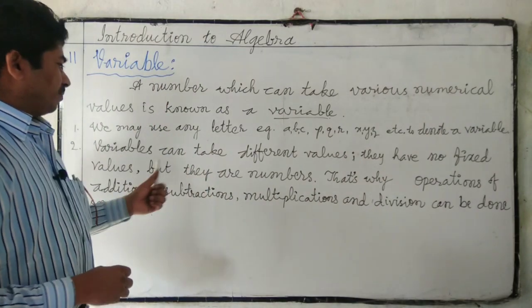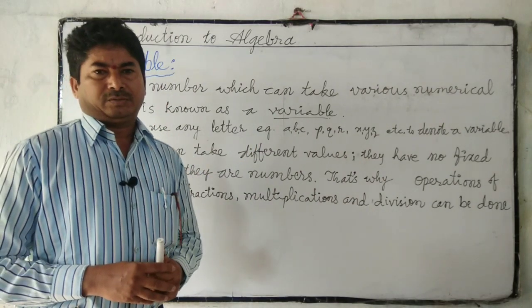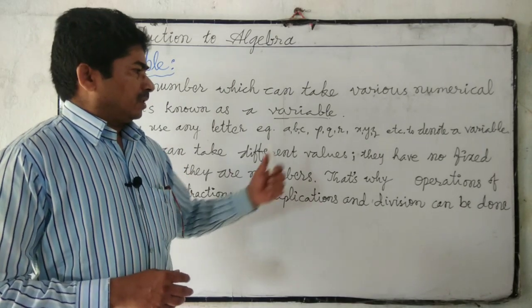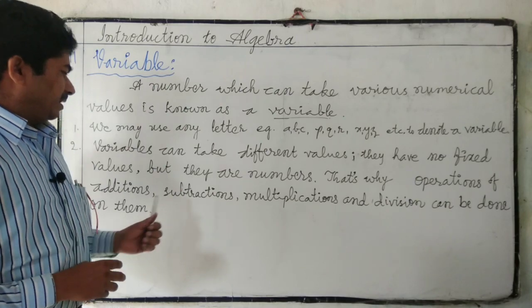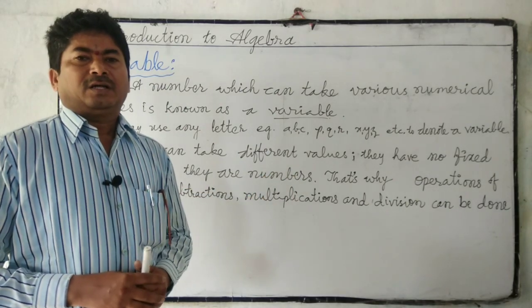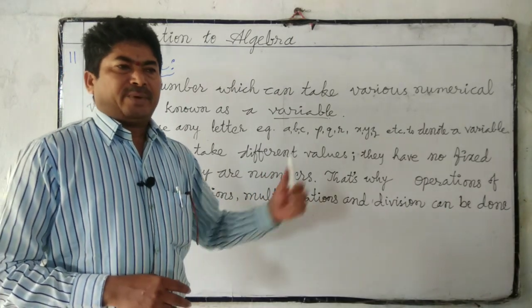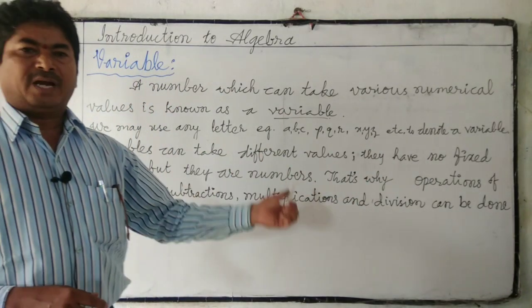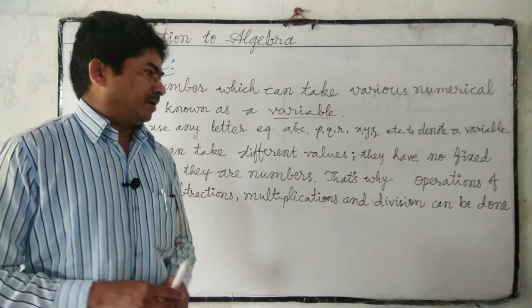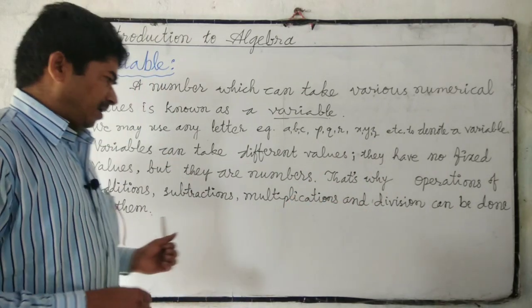Variables can take different values. They have no fixed values, but they are numbers. That's why operations of addition, subtraction, multiplication and division can be done on them.